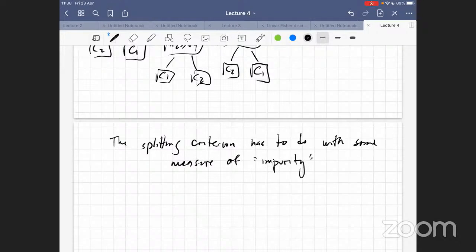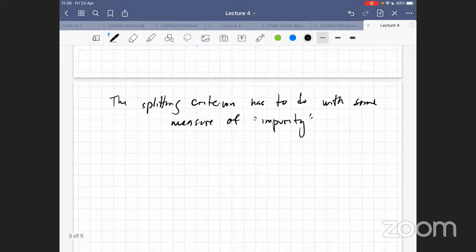And impurity in the following sense: let me call this the proportion of class K in a node M, I mean in the region M. So this is the proportion or fraction of class K in region M.